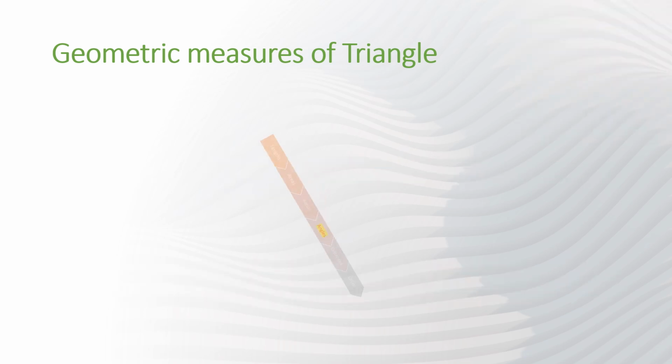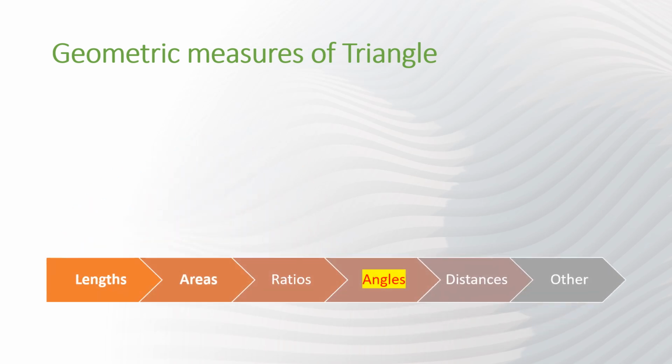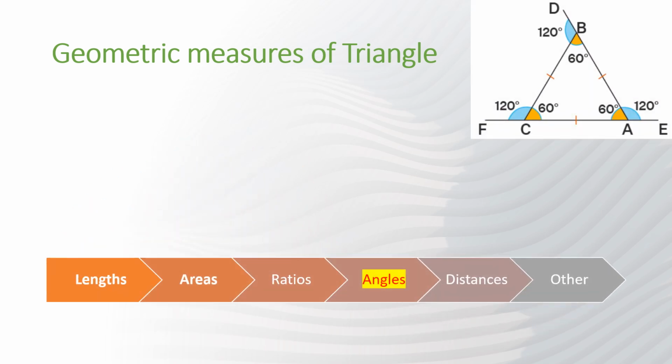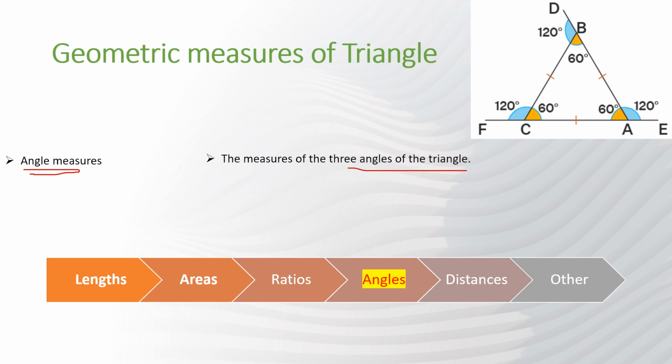Now, let's get into angles. Consider a triangle where I place some angles, vertex names and sides. Whenever we deal with a triangle, angles are the primary thing we always refer to. It's the measures of the three angles of a triangle.